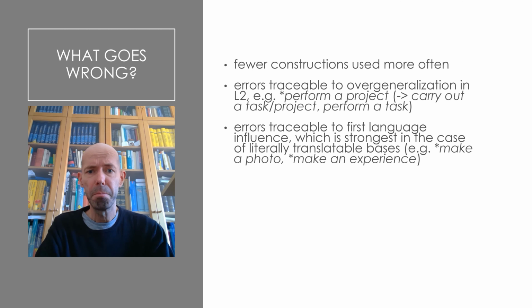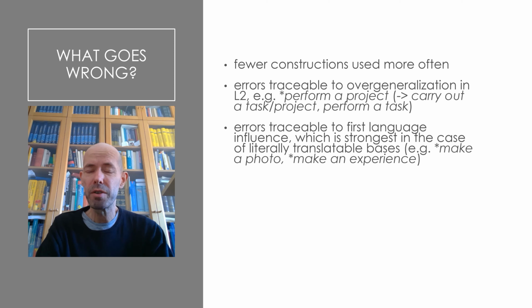An example is make a photo, where photo is the same word in German basically, but the English collocation is take a photo. Or Germans tend to say things like I've made the experience that, from ich habe die Erfahrung gemacht, dass in German, but in English we'd say something like my experience is that, or from my experience, or experience teaches that, but certainly not make an experience, because make, as in the case of photo by the way, has the basic meaning of produce.